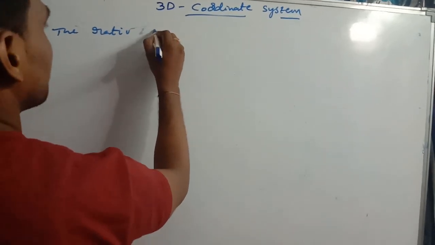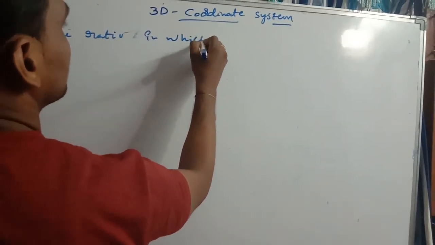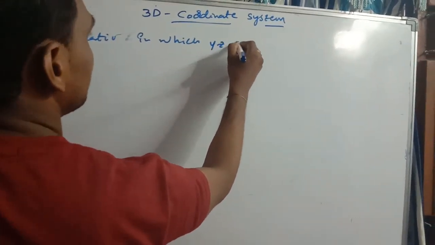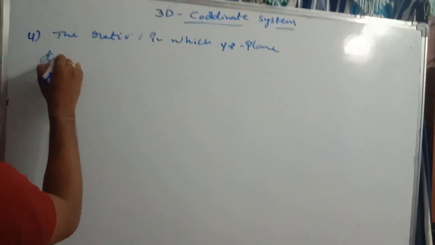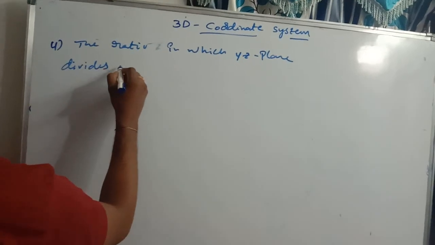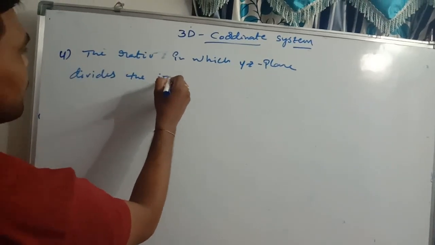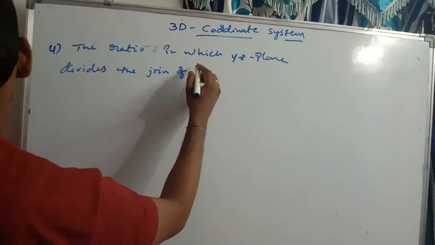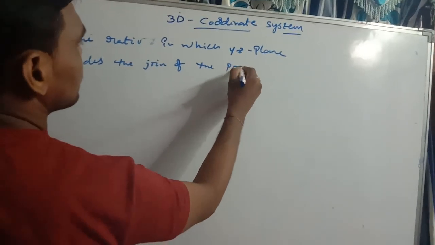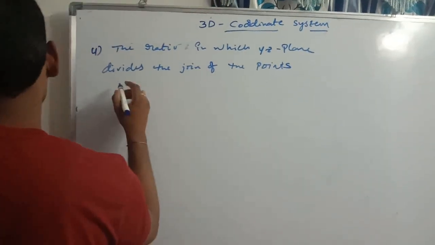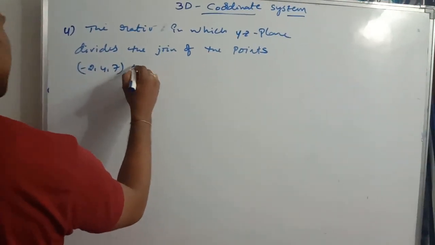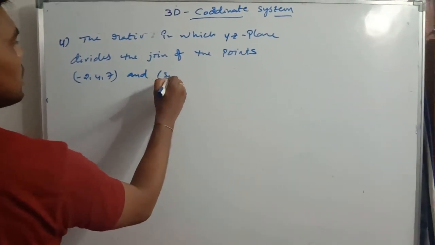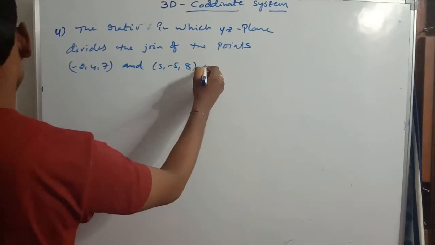The ratio in which the YZ plane divides the join of the points (minus 2, 4, 7) and (3, minus 5, 8) is.